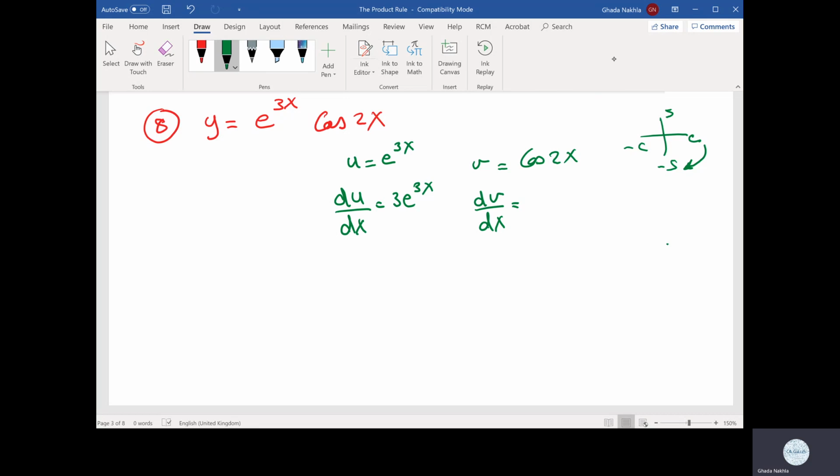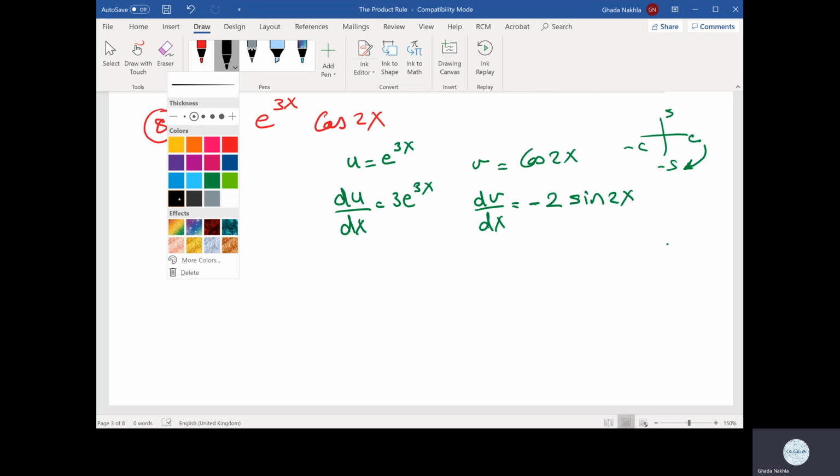So to differentiate cos 2x, I'm going to get minus sine 2x, but I'm going to get a k here, and k is 2. So it's minus 2 sine 2x. When you differentiate cos kx, you get minus k sine kx.